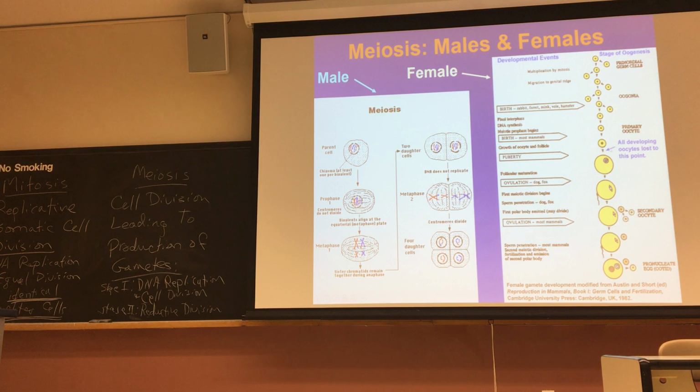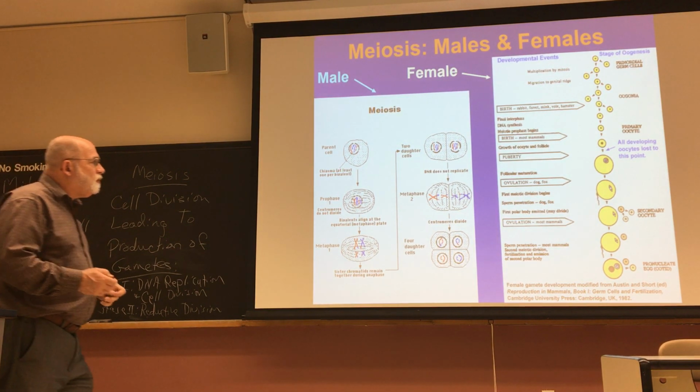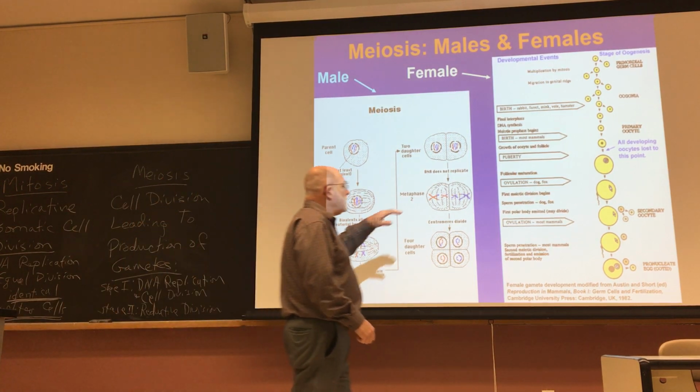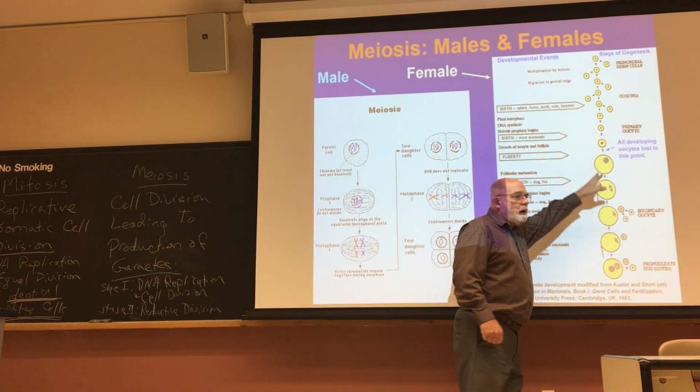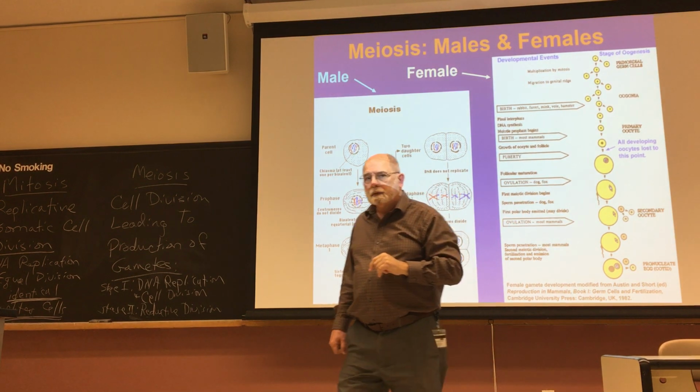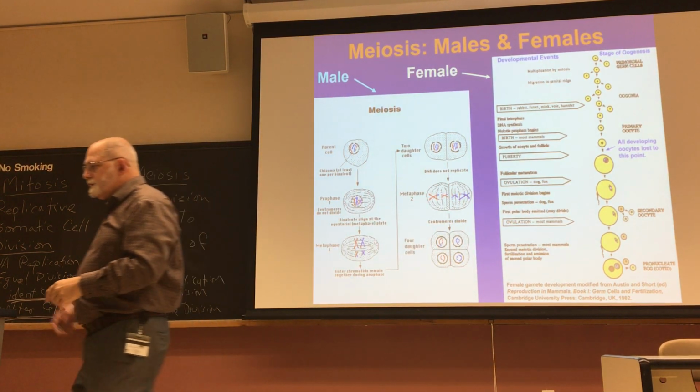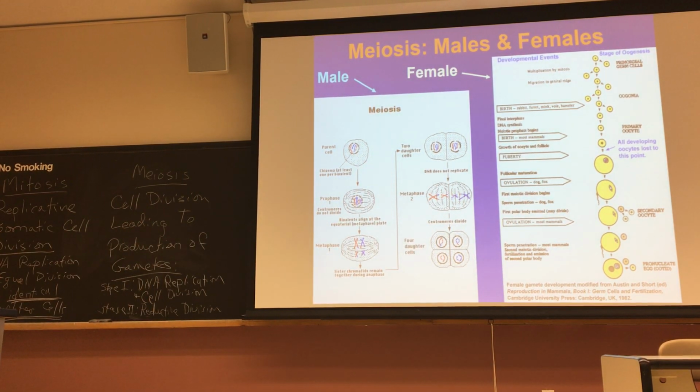Between the time of birth and the time of puberty, all of those oocytes that may move beyond this halting point will be lost. You won't see those being used for production of oocytes.